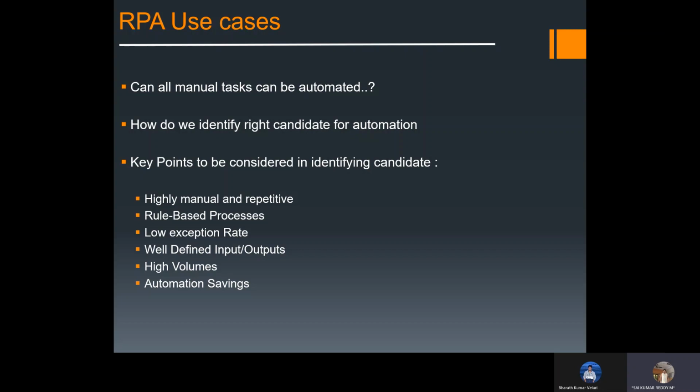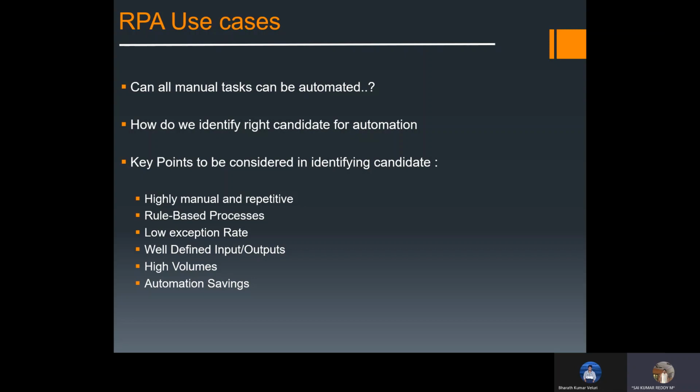Generally, the inputs are from an Excel file or Word document, from any document or any web application, from an email. So these are the different kinds of inputs. And when it comes to outputs also, it may be an Excel, email, or keying any data into a business application.